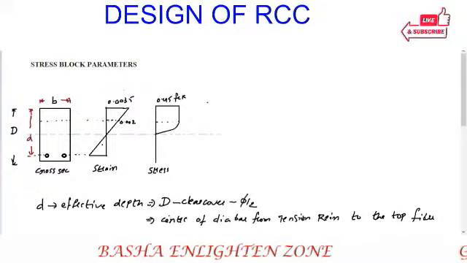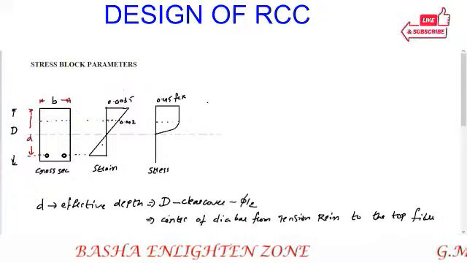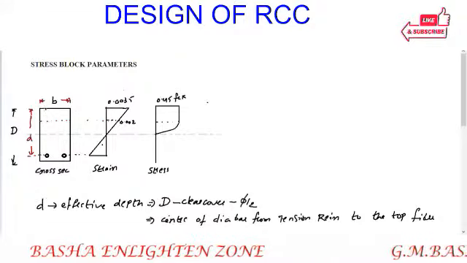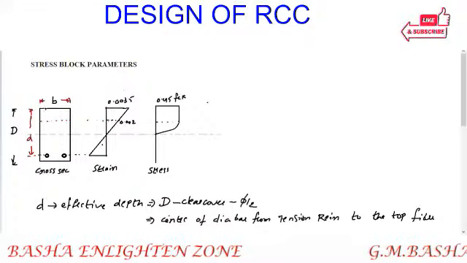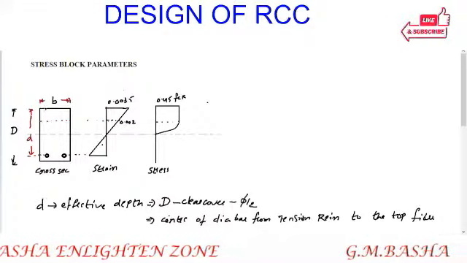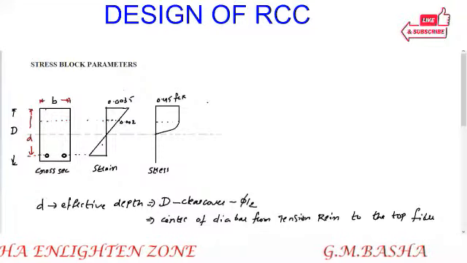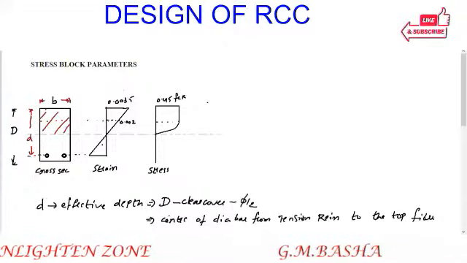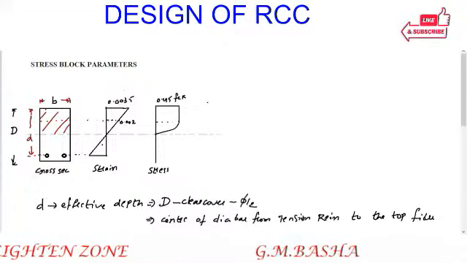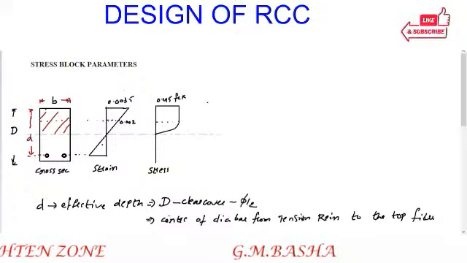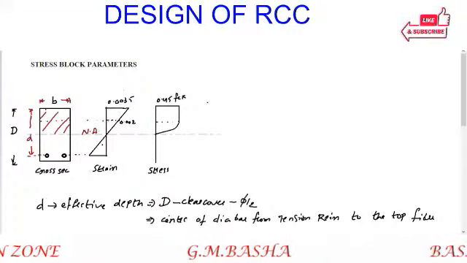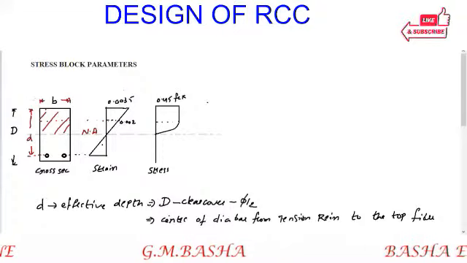Here we are considering that the upper top portion will be in compression. In the stress block parameters, what we have to remember is that above the neutral axis, which I am indicating here, the entire cross section is in compression.